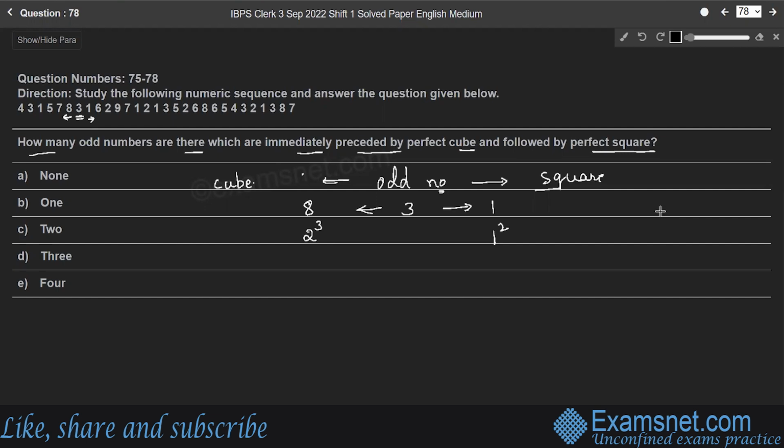Apart from this, there is no other odd number which is preceded by a cube number and followed by a square number. Here there is 3, yes, it's preceded by a square, not a cube number, right? So there is only one odd number which is preceded by a cube number and followed by a square number. Option B is the right answer.